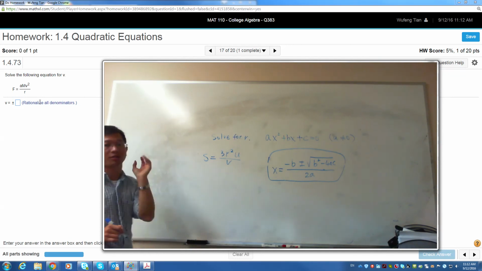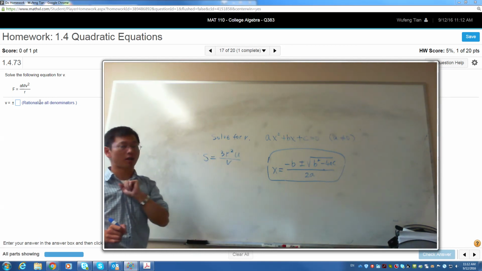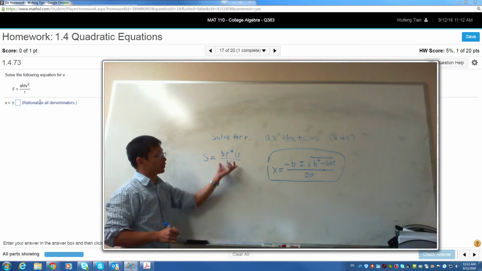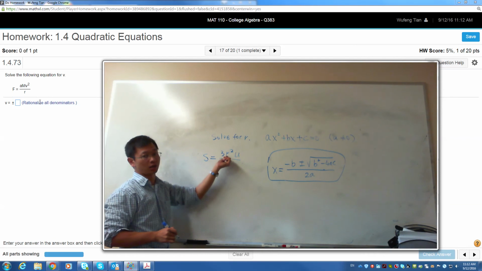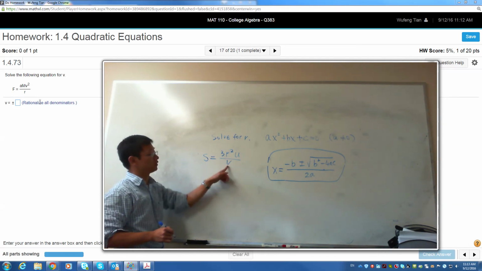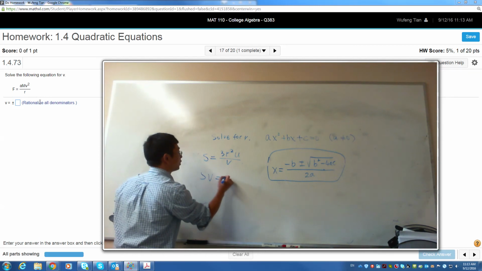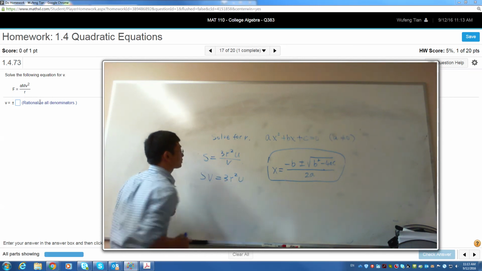As I said in the previous class, if you want to solve for r, you want to isolate r. There's a bunch of things here besides r, so I need to get rid of them one by one. First, there's a v here as a denominator, so I have to multiply both sides by v. So I get sv equals 3r squared u.